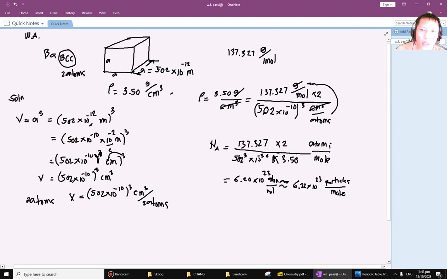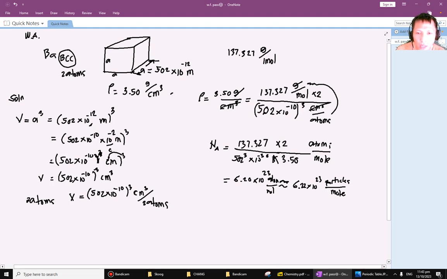Again, your Avogadro's number is a constant when we talk about a mole. That's the concept of mole. That's a grouping of any particles. So if we're talking about atoms, that would be a group of atoms, 6.022 times 10 to the 23, when we want to use that Avogadro's number. If those are molecules, then that would be molecules. If those are electrons, those should be electrons.